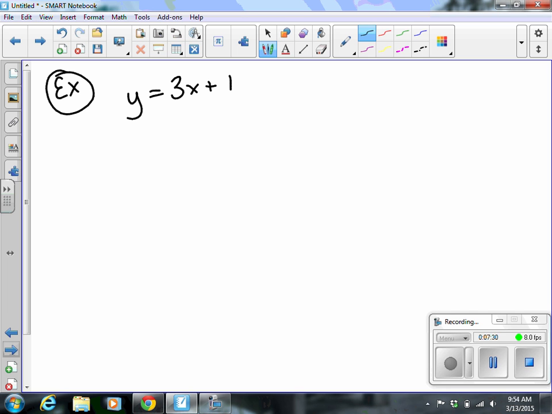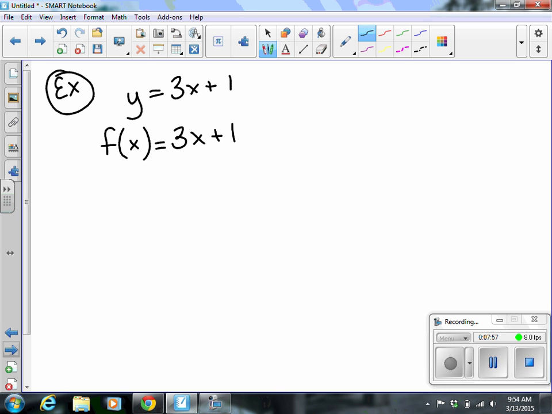If I were to write this in function notation, it'd be f of x equals 3x plus 1. The reason why is because we're limiting this. That equation y equals 3x plus 1 might not meet the domain and range criteria. So that's why it's a function.